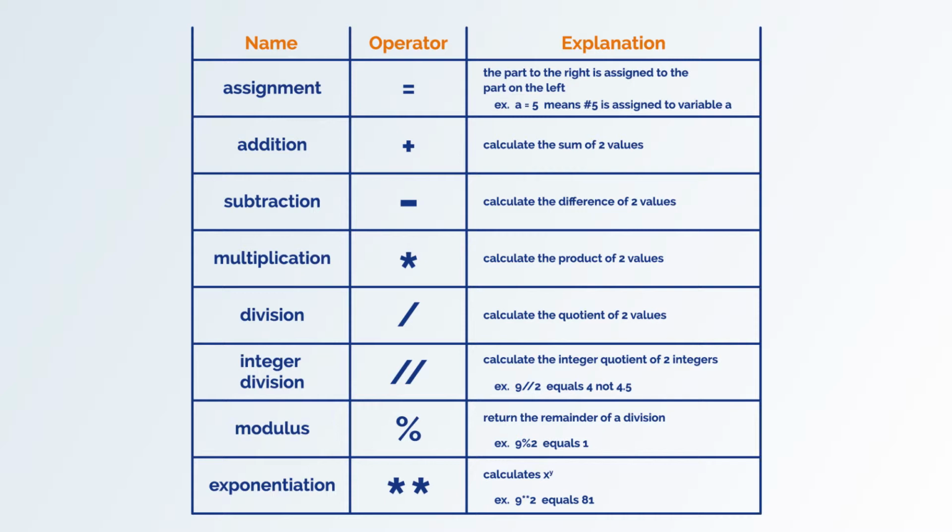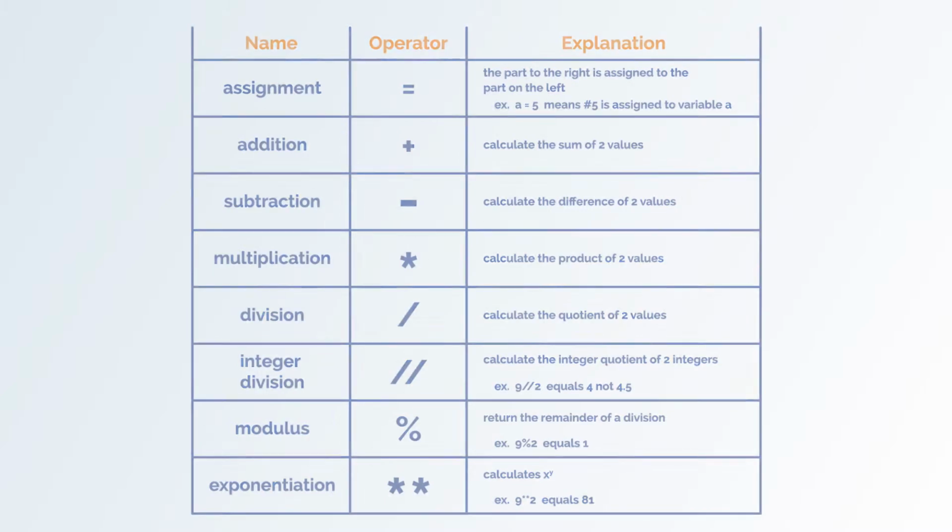Or mod with the percent sign, which means the remainder of a division. So 9%2 would return 1, and of course there's the double star for exponentiation. Okay, so now pause the video and try them all out. Actually do it and get a feel for how they work. Don't just watch, do. Try them all?